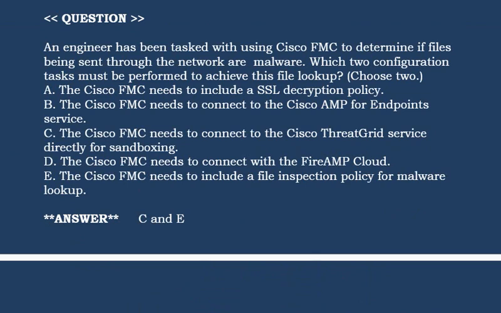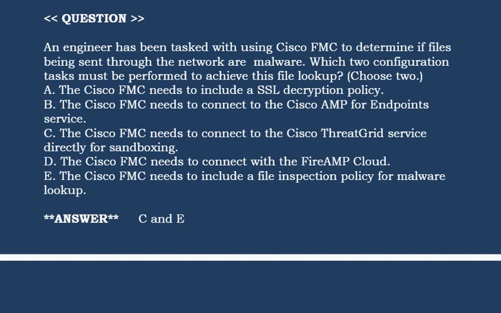Next question is, an engineer has been tasked with using Cisco FMC to determine if files being sent through the network are malware. Which two configuration tasks must be performed to achieve this file lookup? Choose two options. Option A. The Cisco FMC needs to include an SSL decryption policy. Option B. The Cisco FMC needs to connect to the Cisco AMP for Endpoints service.